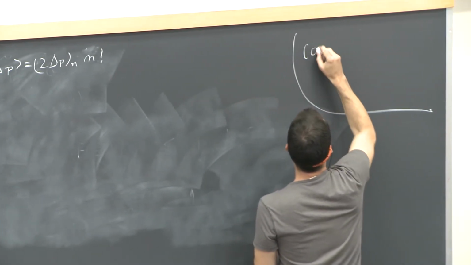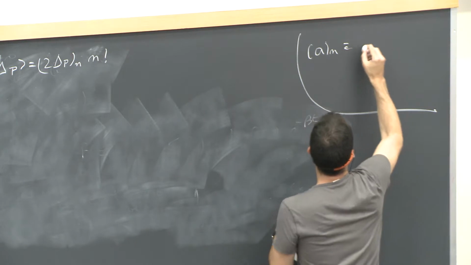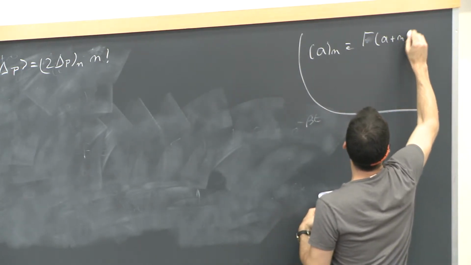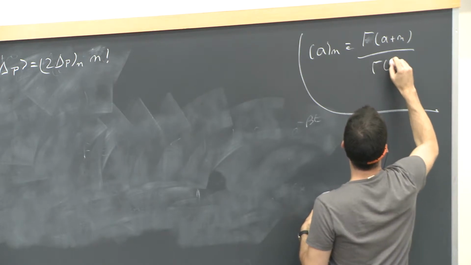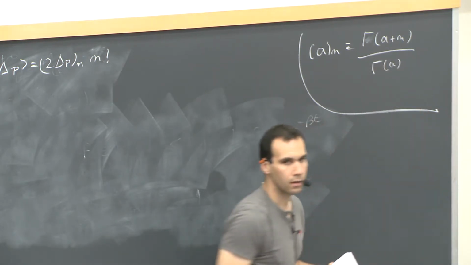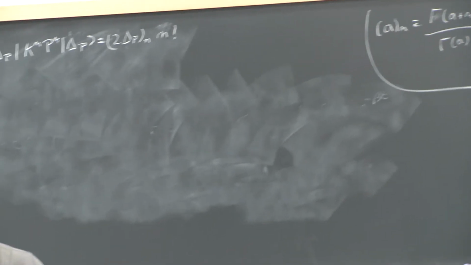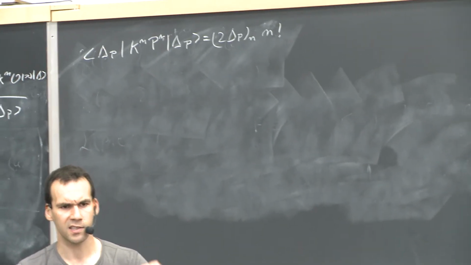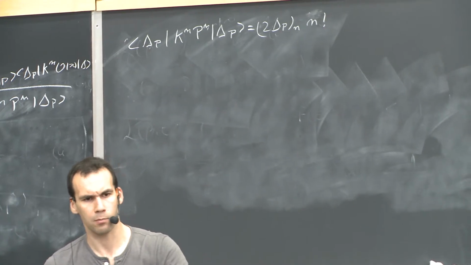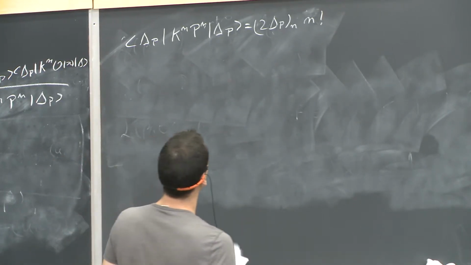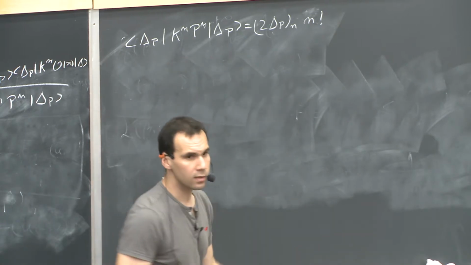So a n is gamma a plus n divided by gamma a. And so when n is an integer, this is just some polynomial. So for n equals 1, it's equal to a, then it's a plus 1, then a plus 1, a plus 2. Okay?